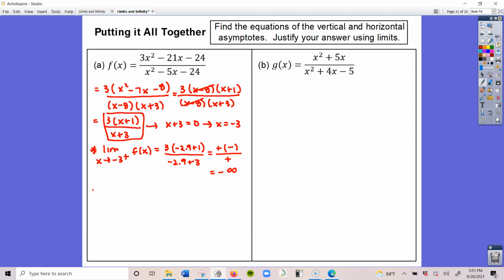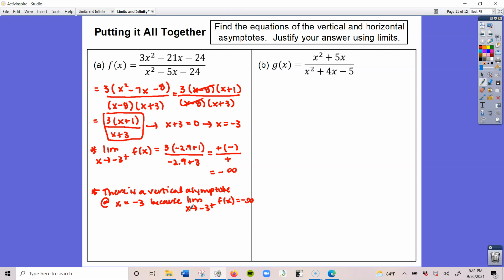So here we would state, there is a vertical asymptote at x equals -3 because the limit as x approaches -3 from the right of f of x is equal to negative infinity.